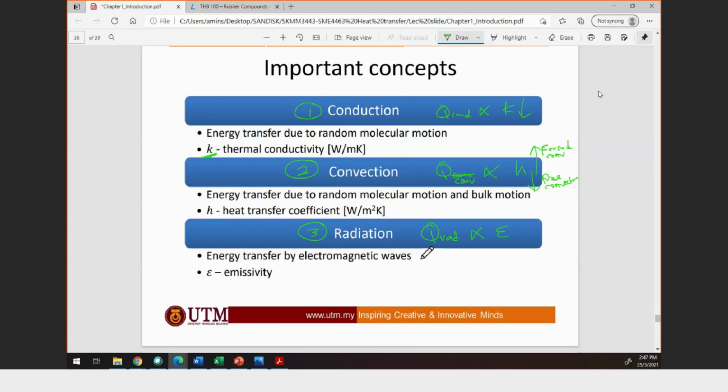So basically what I want to say is that each heat transfer mode has its own important concept, in order to understand which one relates to the value of heat transfer.